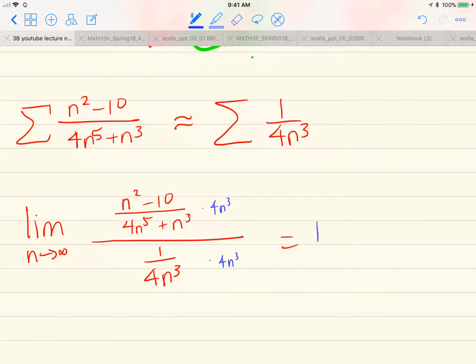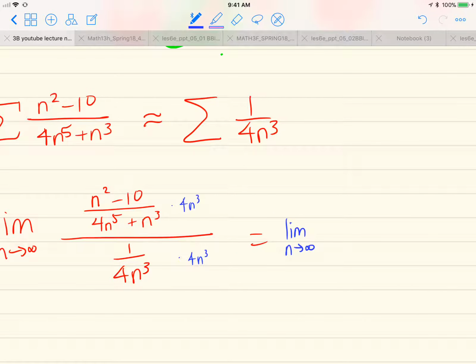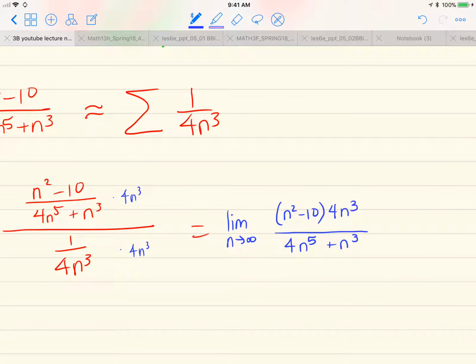And we'll just have the limit as n goes to infinity. So we'll have (n squared minus 10) times 4n cubed, divided by 4n to the fifth power plus n cubed.